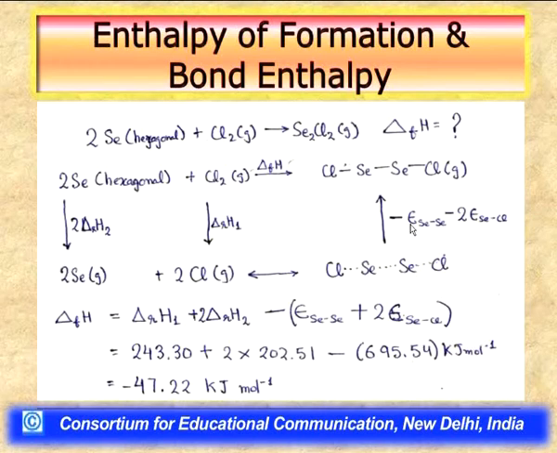Whenever these bonds are formed, heat is evolved, and therefore we have used a negative sign for the bond enthalpy of the selenium-selenium bond and twice that of the selenium-chlorine bond. When we add all these quantities, which are with negative signs, and tabulate the data, we can get the enthalpy of formation.